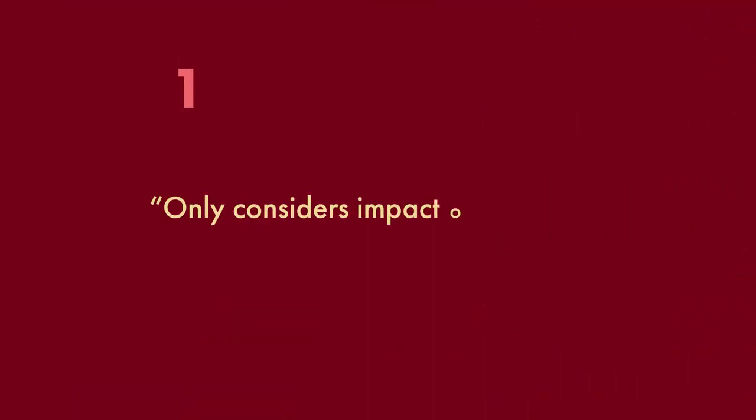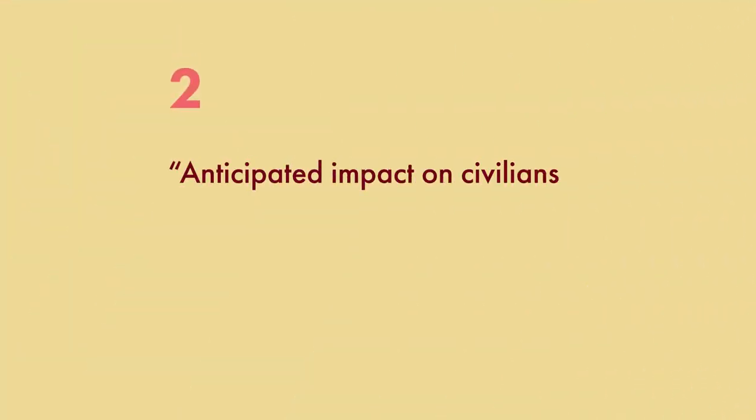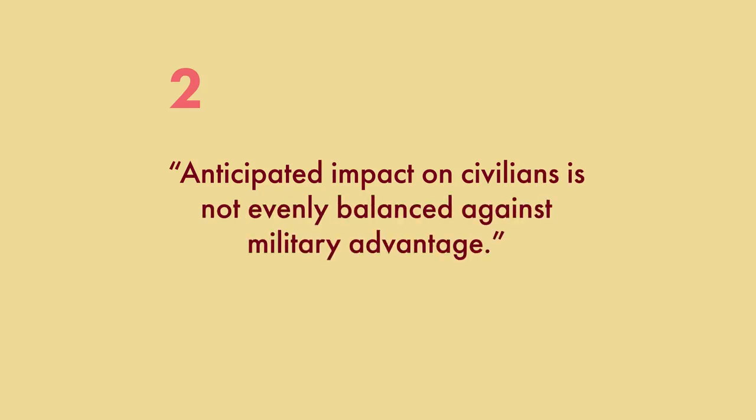First, proportionality only considers the impact the attack will have on civilians and civilian objects. The impact on combatants or military objectives is not considered. Second, the anticipated loss of civilian lives, injury to civilians, and damage to civilian objects is not evenly balanced against the anticipated military advantage to be gained from the attack.